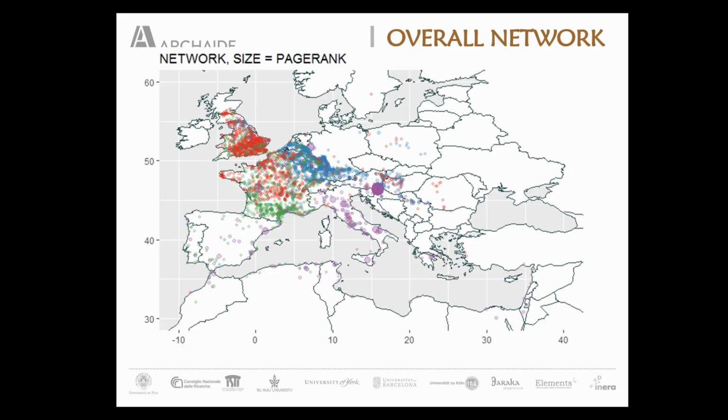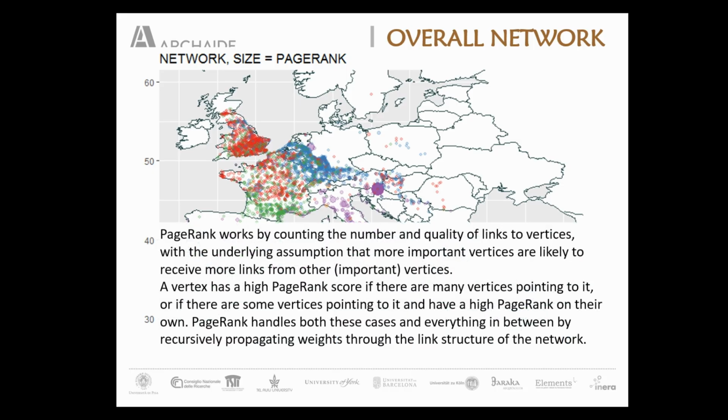The dimension of each point now changes on the basis of the PageRank algorithm. How does it work? PageRank simply counts the number and the quality of links of each vertex. PageRank is at the base of the Google algorithm, for example, that computes the links between web pages.